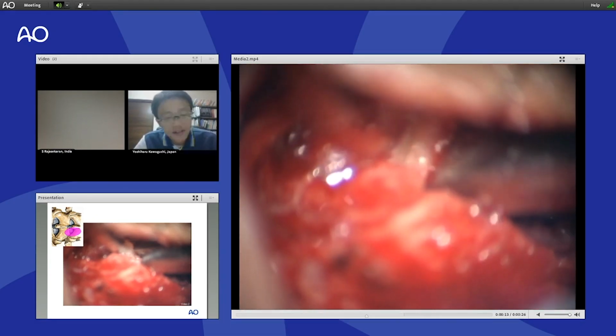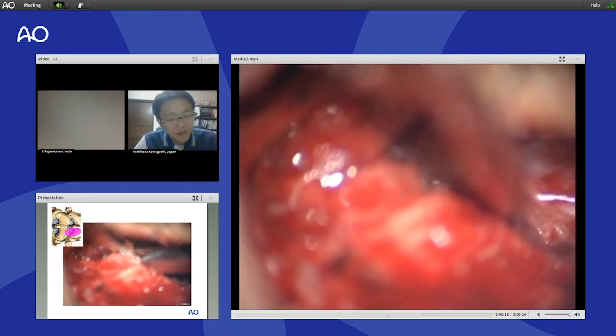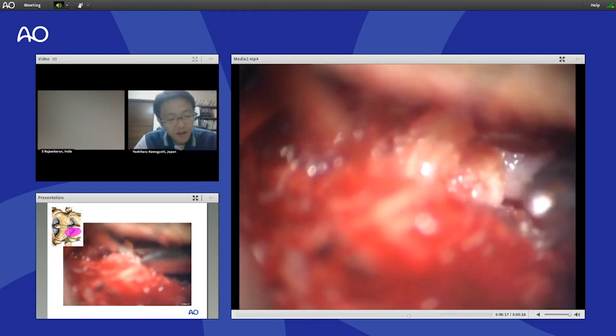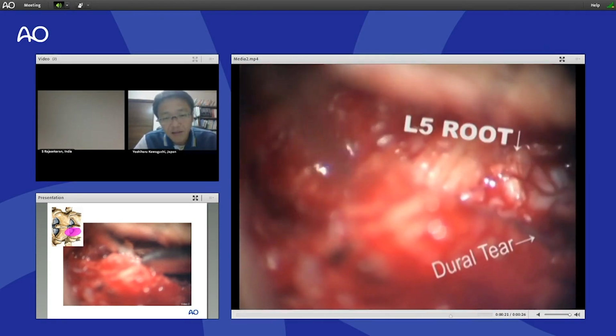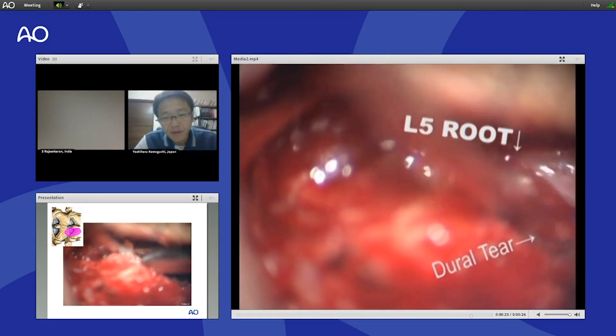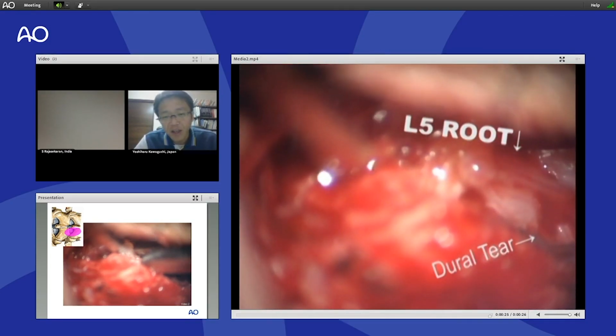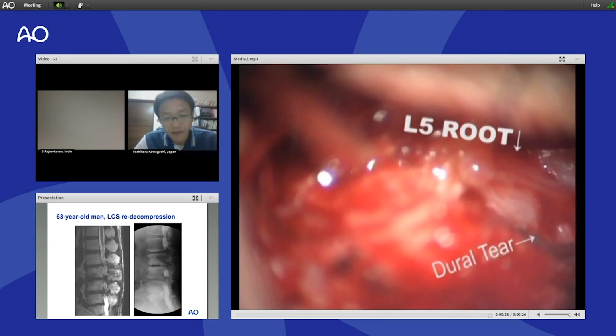In this case, when the ligamentum flavum was removed with the tight grip, now you can see the nerve root and leakage is coming. It is very, very dangerous.